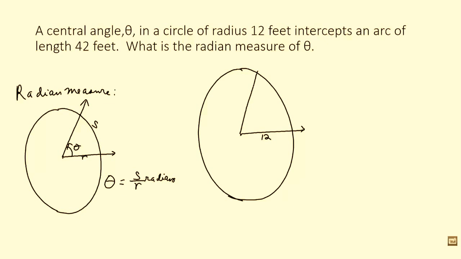Central angle theta intercepts an arc of length 42 feet. So this is 42 feet.